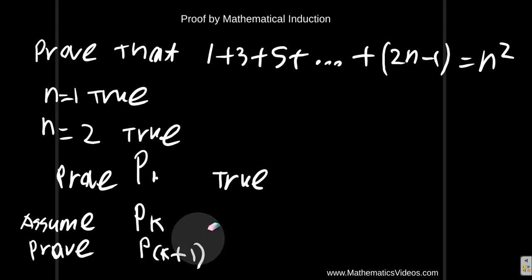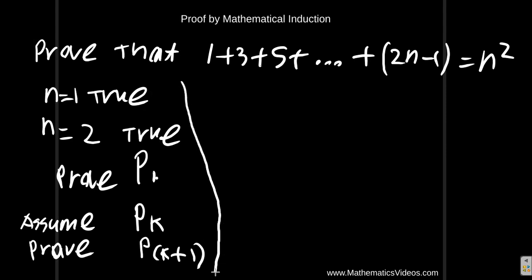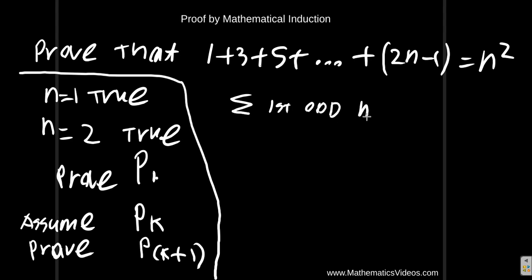So, let me just draw a line around this. I don't want to erase it as yet. So here now, 1 plus 3 plus 5 plus and so on. What this example is saying is that these are odd numbers. The sum of the first odd number is 1 squared.